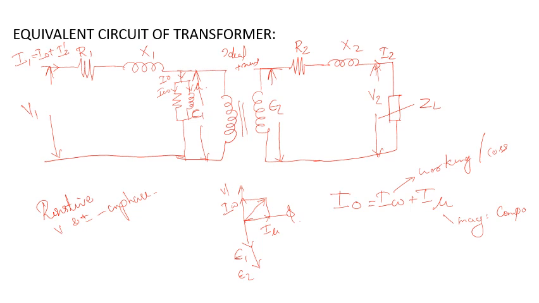So next, in the coming slides, to make the circuit simple, we will convert either all the components referred to the primary side, or all the components of the primary side referred to the secondary side. Okay, so we can discuss that in the coming slide.